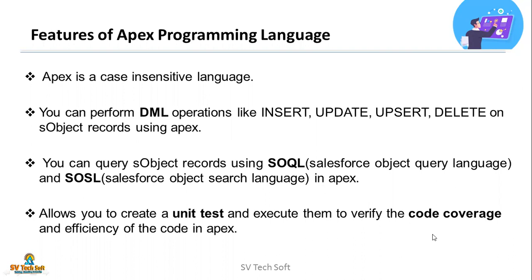To achieve deployment in Salesforce Apex, you must have some code coverage. To achieve this code coverage, you have to write some test classes. By using these test classes, you check the efficiency of your code in Apex.